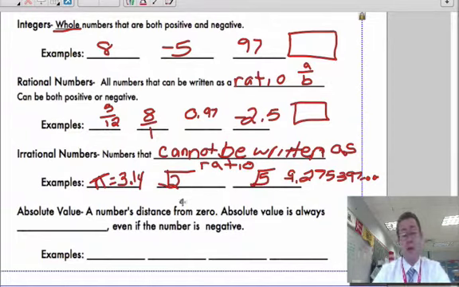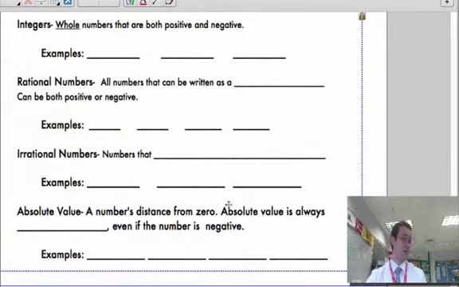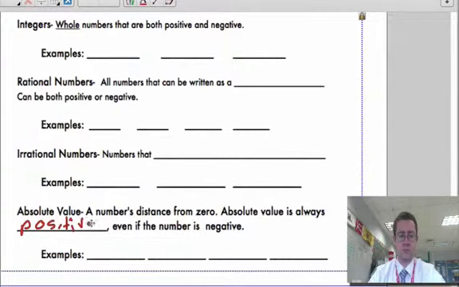Absolute value is a number's distance from 0. And so think about this. You have a -9. Its distance from 0 is 9 units. If you have a positive 9, its absolute value is 9 because it's 9 from 0. It is always going to be positive, even if the number is negative.